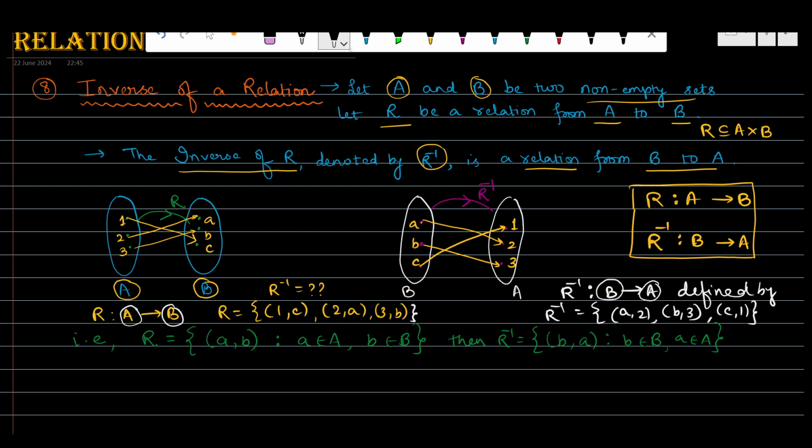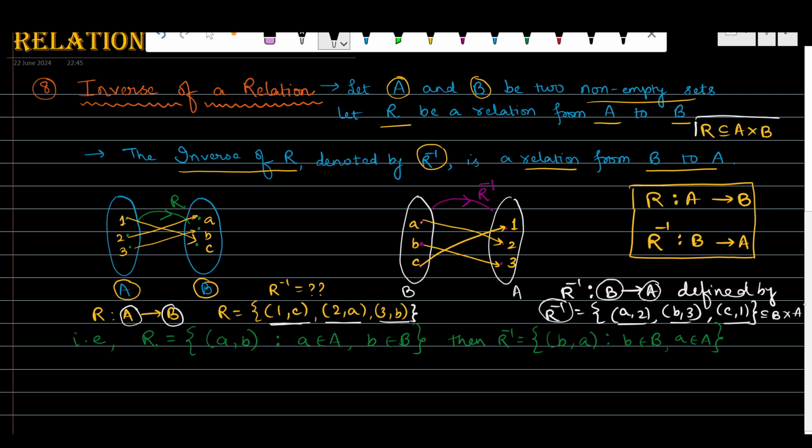Similarly, you may observe that R contains the elements of the form of the ordered pair 1 comma C, 2 comma A and 3 comma B. But here in case of R inverse, this contains A comma 2, B comma 3 and C comma 1, and this is a subset of B cross A, right?